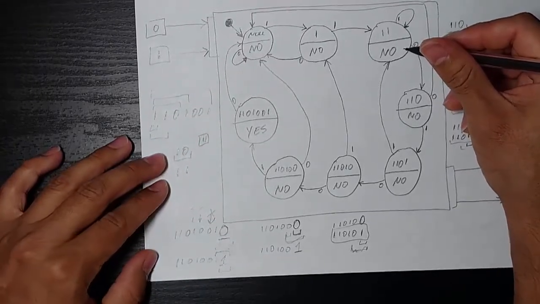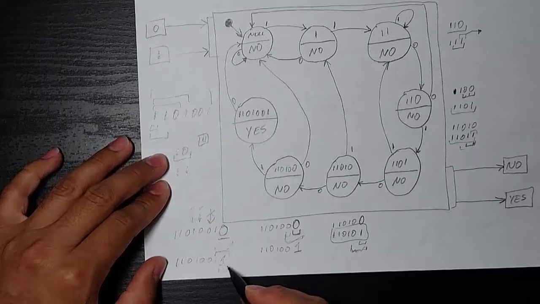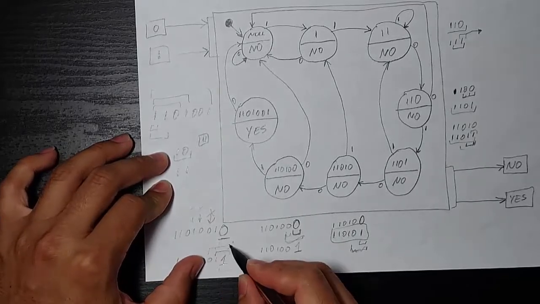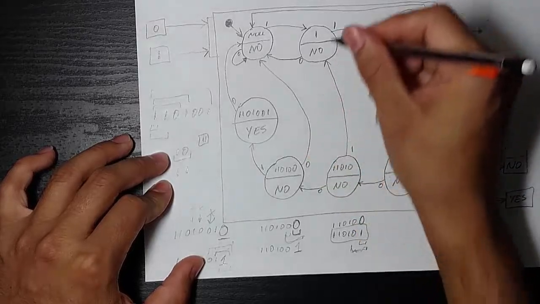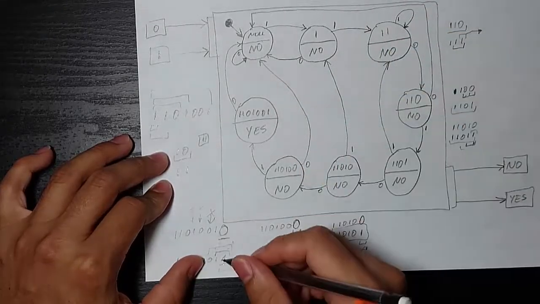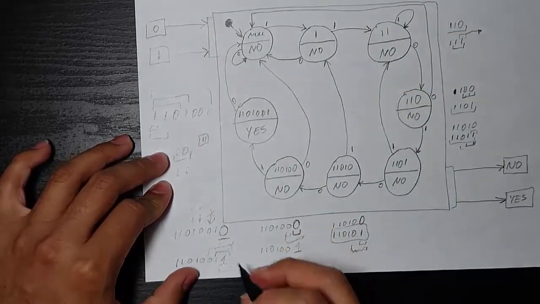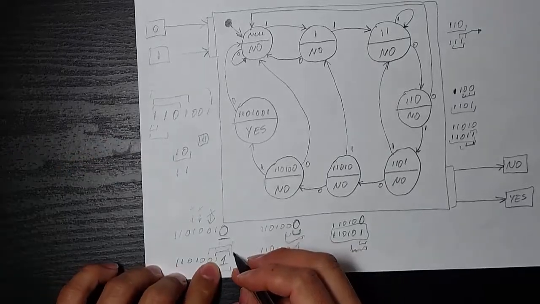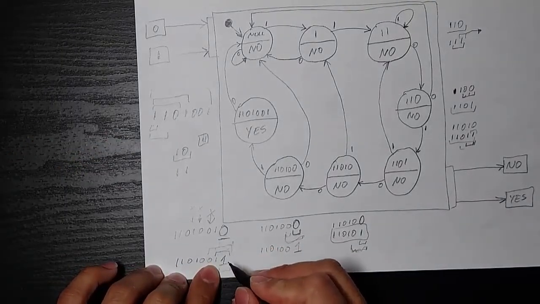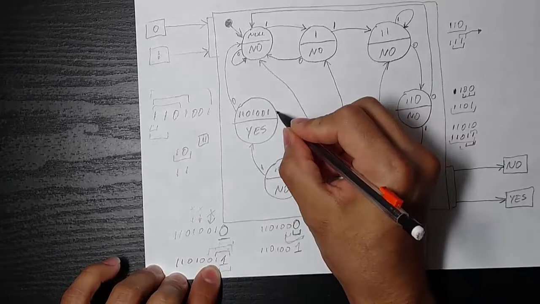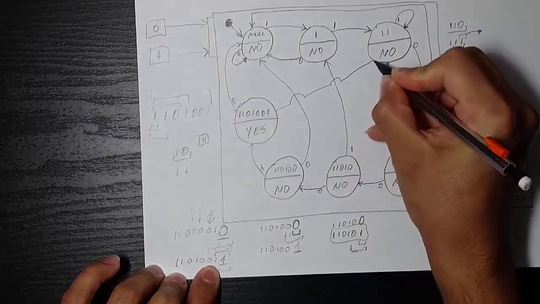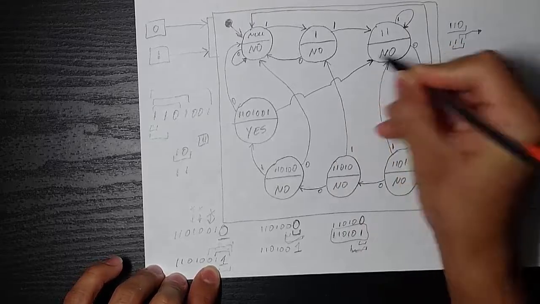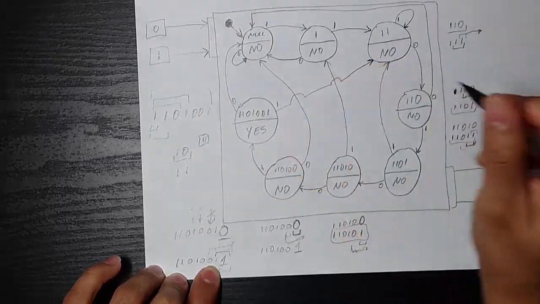If I save a 0 1 1, there's no play for 0 1 1. So in order to be efficient, I need to go to this state when I get a 1.